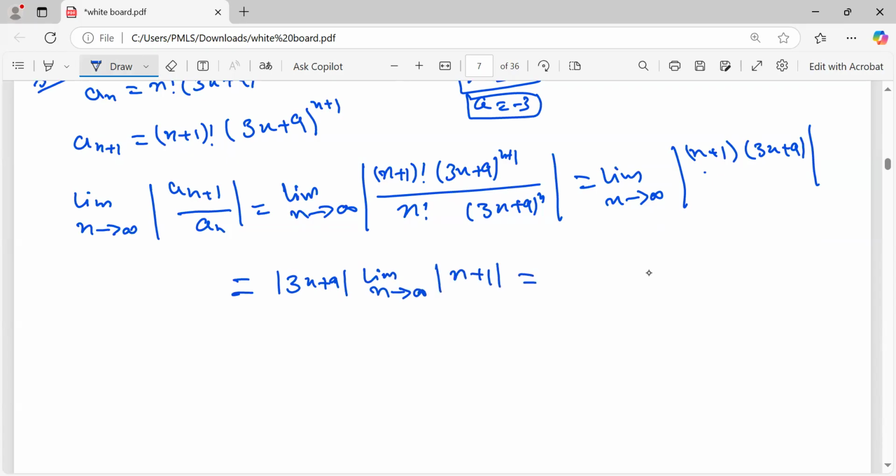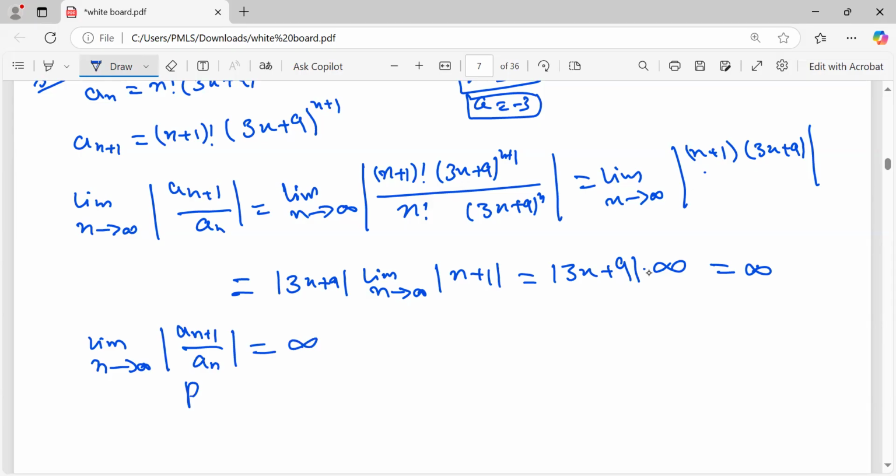So when you put the value of n as infinity, we will get mod (3x plus 9) times infinity, that will be equal to infinity. And again, this is the second case, when we solve the ratio test and get the answer infinity, this means that our radius of convergence will be equal to 0, and the interval of convergence will be its center.